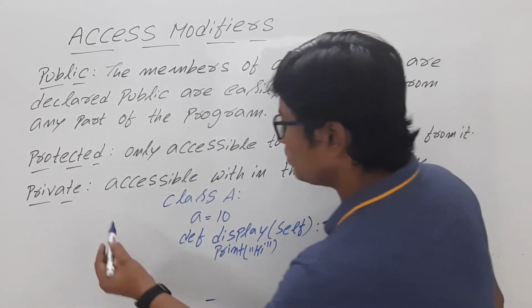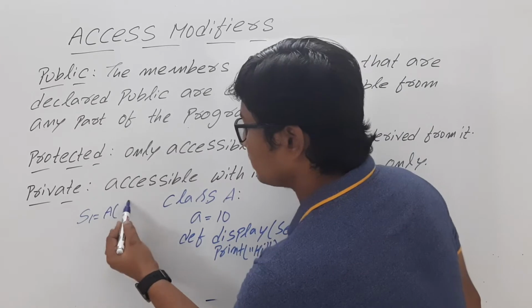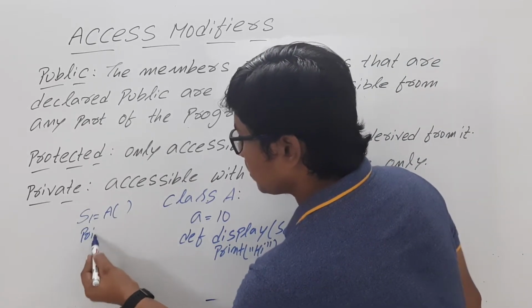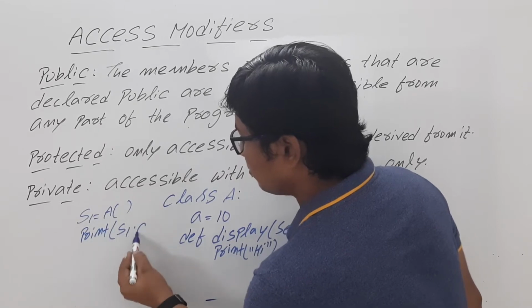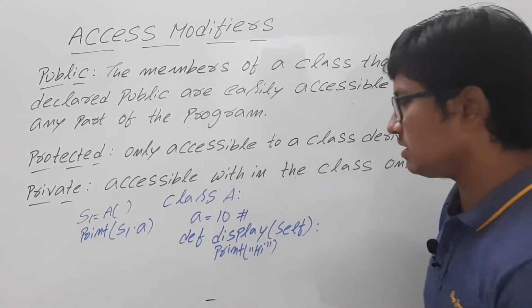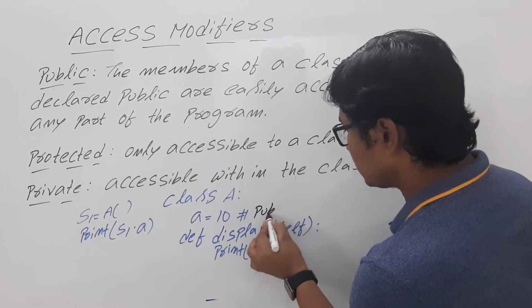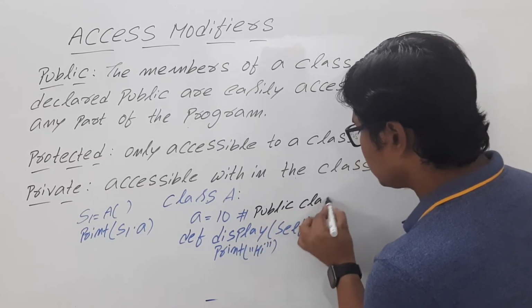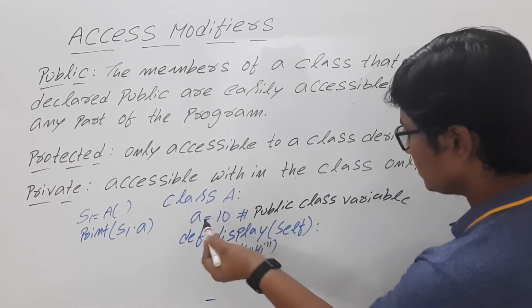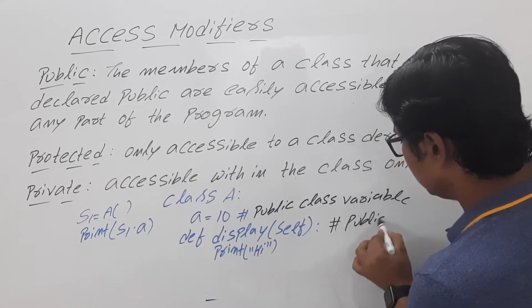Now creating an object, suppose I'm creating an object called s1 for the class A. Now using this s1 object, I can access the public variable. This is a class variable and I can even say that it is a public variable, or I can simply write public class variable, because this is public, and similarly this one is a public method.